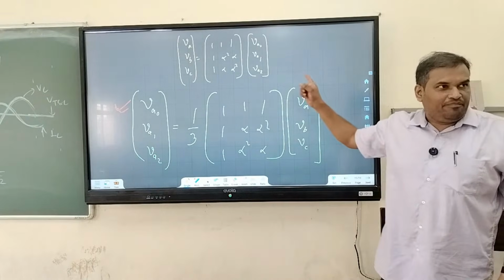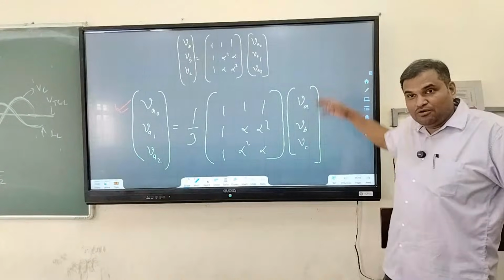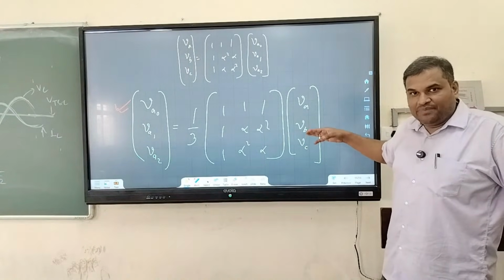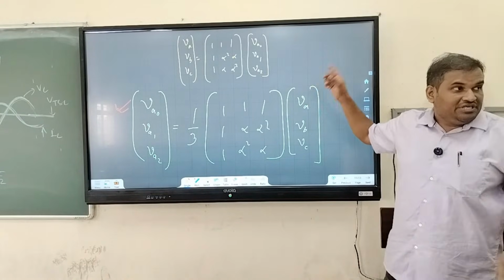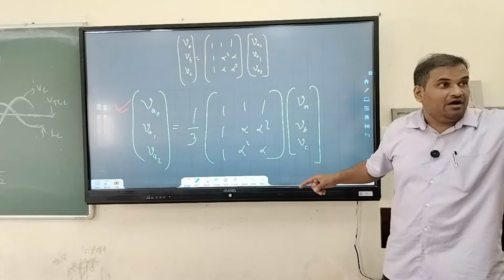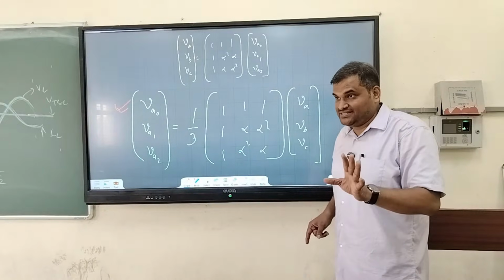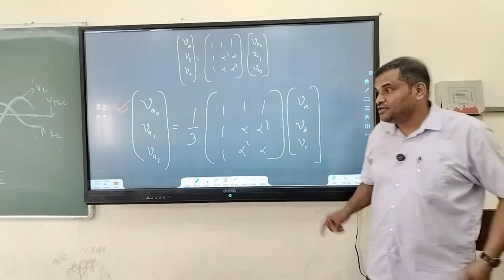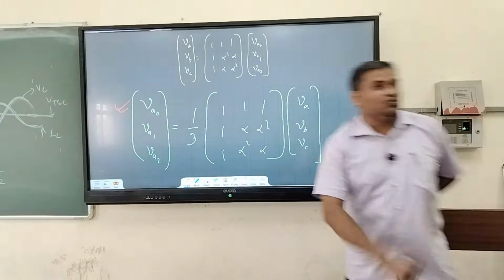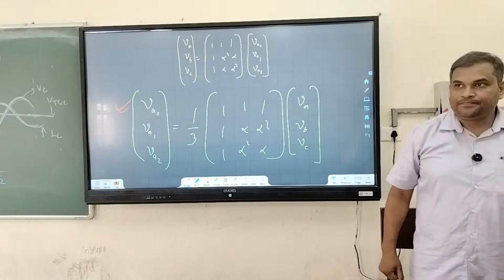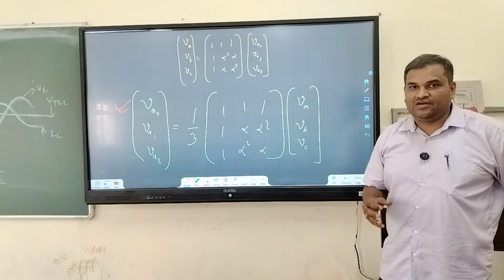You will say, sir, VA plus VB plus VC by 3. मैंने बताया कि तीनों बराबर है, पर बराबर होने के साथ और एक चीज मैंने क्वेश्चन में बोलना भूल गया. वो क्या था? ये बराबर है और एक दूसरे से फेज डिस्प्लेस में 120 डिग्री में डिस्प्लेस्ड है, मतलब दे आर बैलेंस्ड. If the question examiner asks you if ABC are all balanced, what is the value of VA0? What will be the value of VA0?